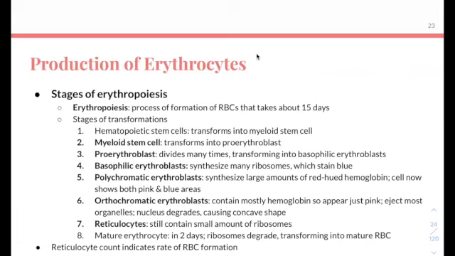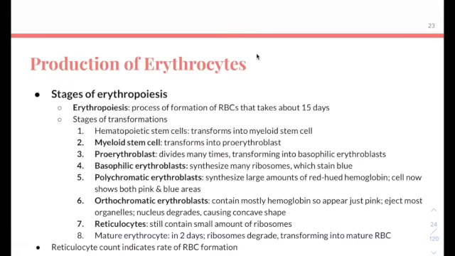Polychromatic erythroblasts synthesize a red hued hemoglobin, which starts to give them their color. And then we get orthochromatic erythroblasts, which are more pink.